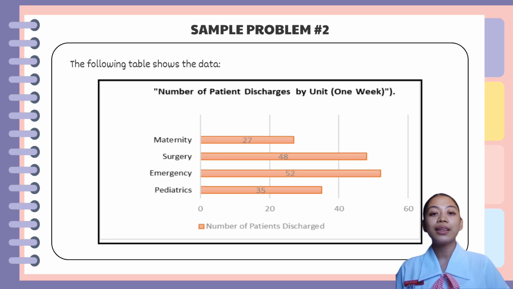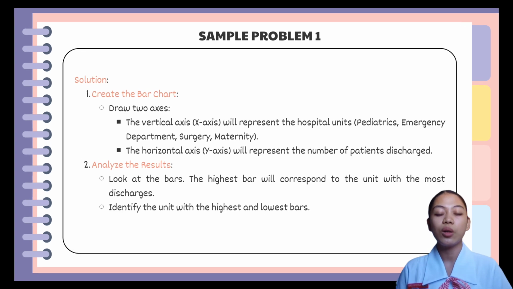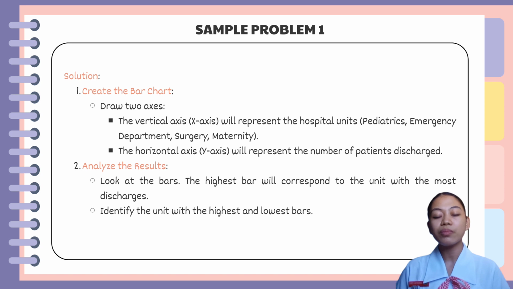So, the table shows the data, the number of patients discharged by unit over 1 week. So you can see here the highest number of discharges over a week is the unit of emergency department. So, solution.